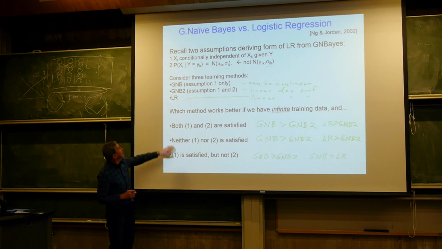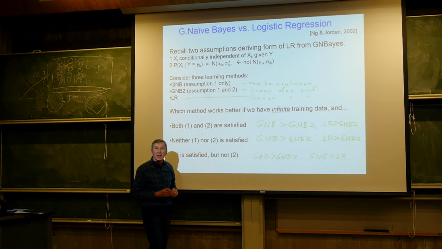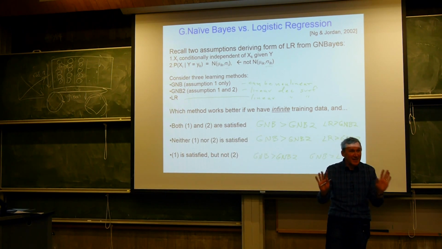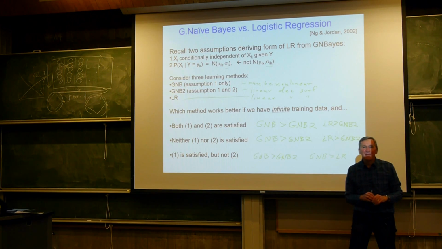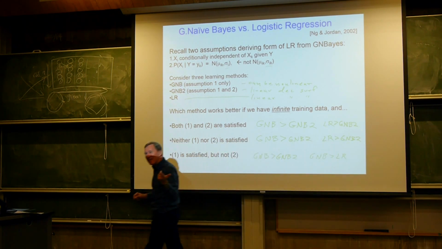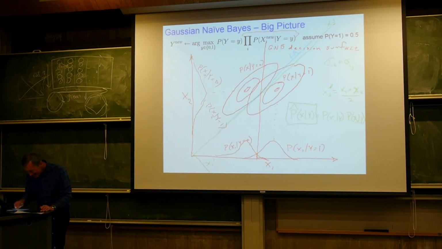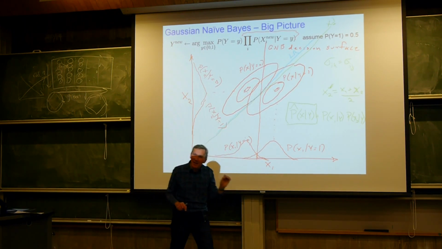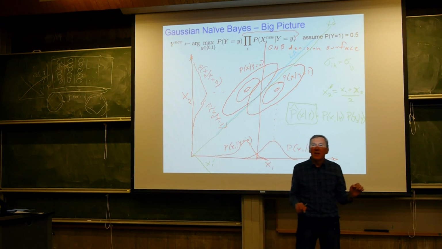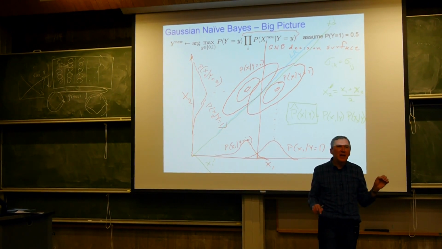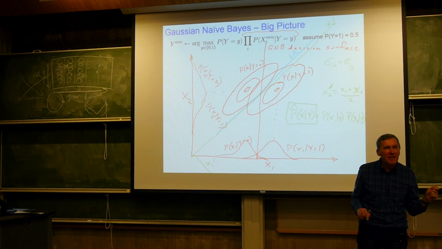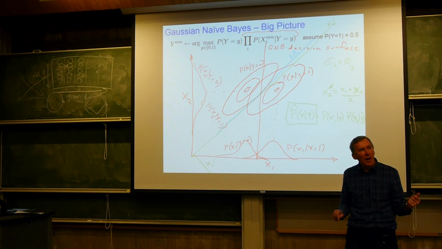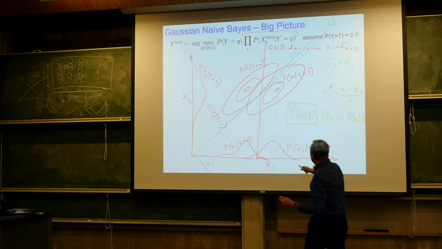And as long as 1 is satisfied, those things are conditionally independent, then we're never going to get a case like the one we drew on the previous slide that violates conditional independence. Oh, that did violate conditional independence. Did you notice that? Conditional independence says the probability of x1 given y is independent of x2 given y. That's not true.